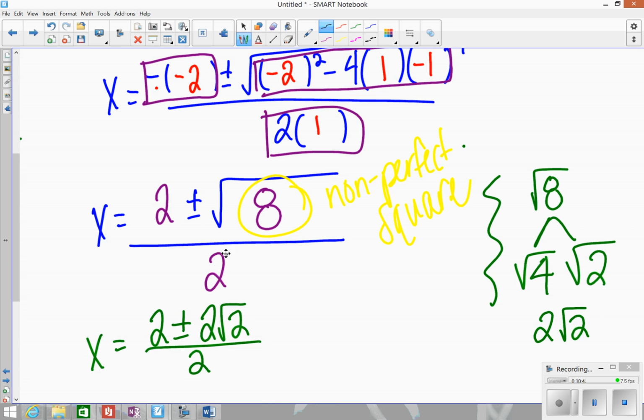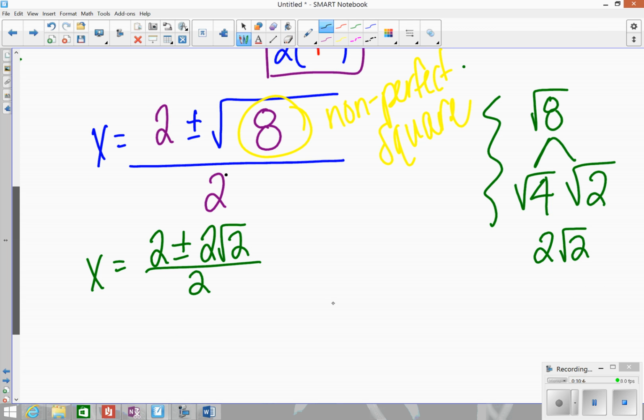And remember, in this case, I'm not going to split this up as 2 plus 2 radical 2 all over 2 and then 2 minus 2 radical 2 all over 2, just because I'm going to always be left with that radical 2, so I might as well just keep it in this form. But I can simplify as long as I can simplify in the V shape here.